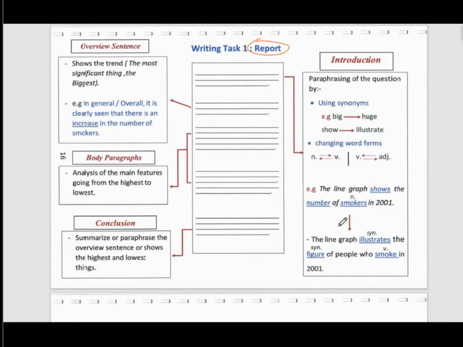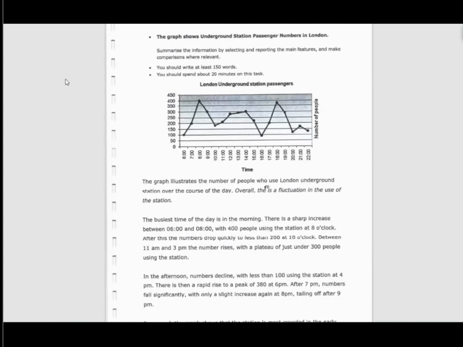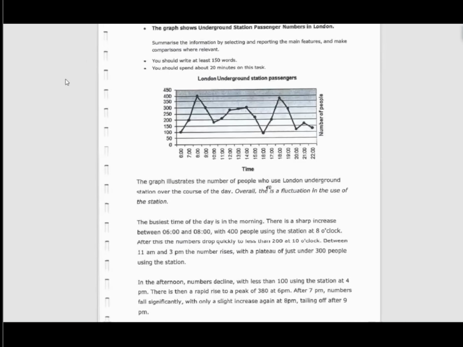First, I will show you some questions of task 1 that are very common in the exam. They repeat them from time to time. In the exam, there will be only one question for task 1 and only one question for task 2. Okay, so the one question of task 1 can be a line graph like this one.